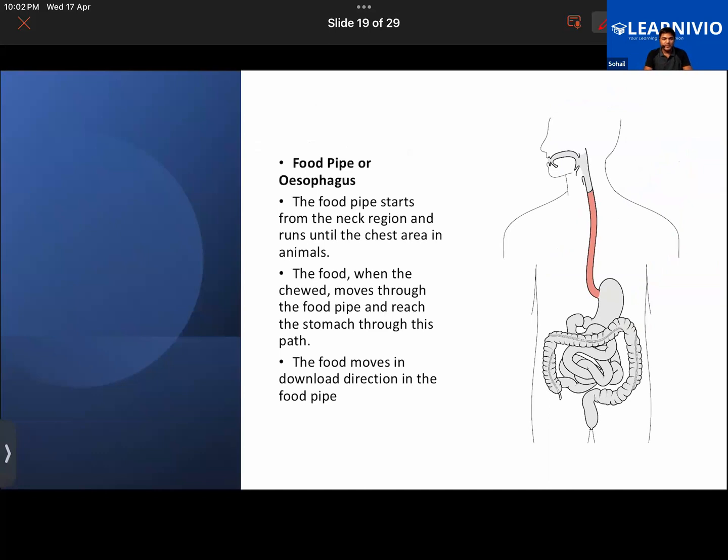The food pipe starts from the neck region, as you can see here, and runs through the chest area until the stomach. So when food is chewed, it moves through the food pipe and reaches the stomach through this path. The food moves in a downward direction.